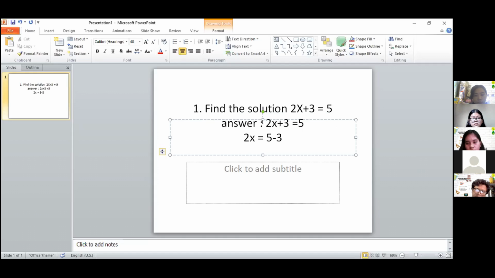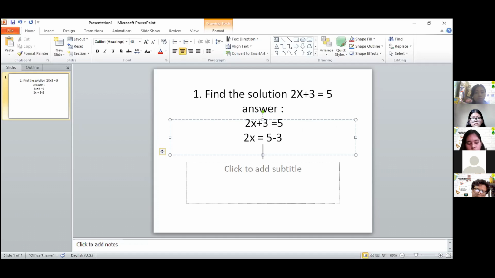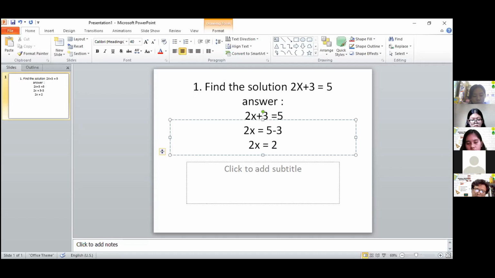You can enter again, equal 2. Enter. x equal 1.